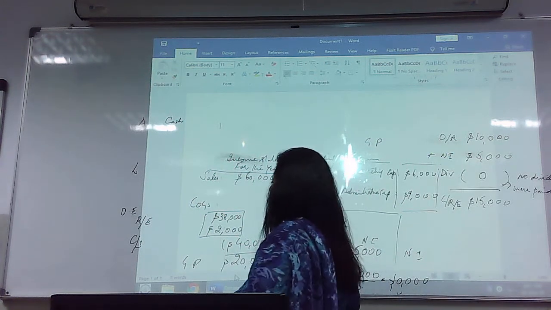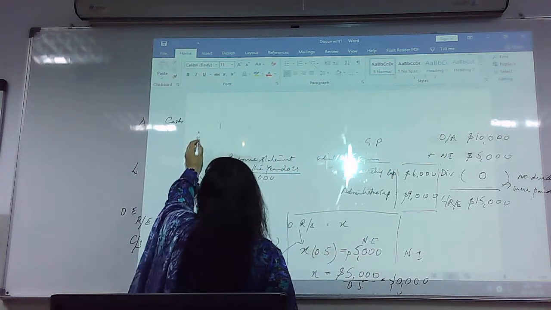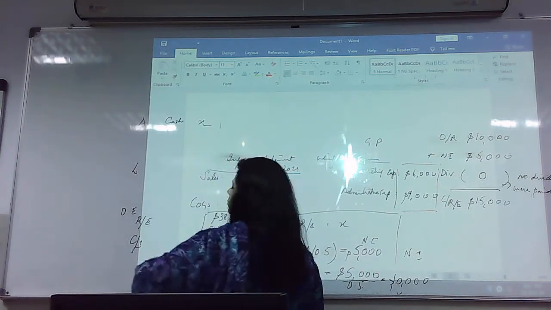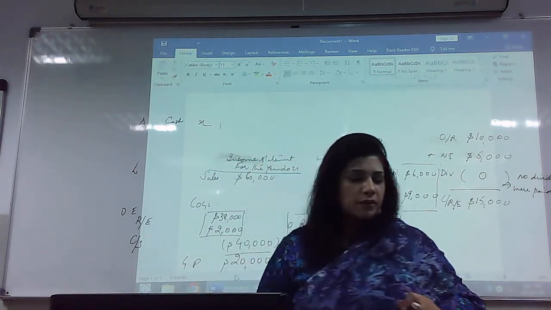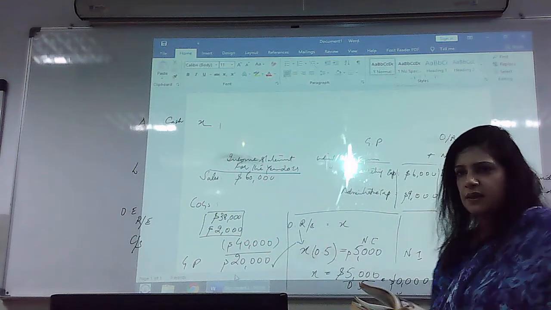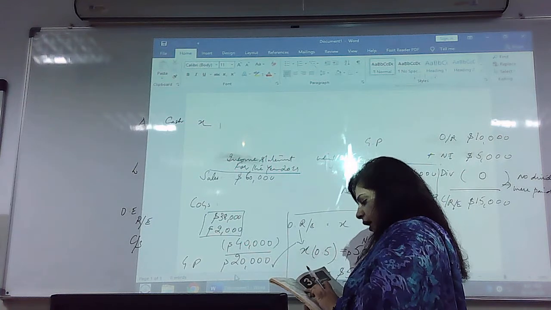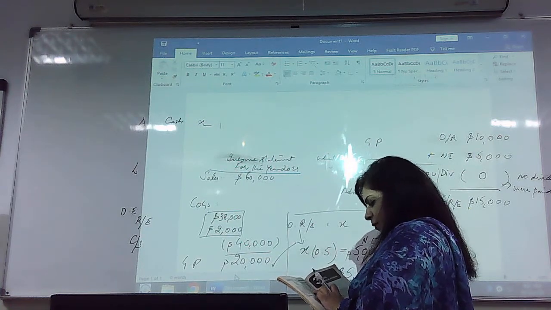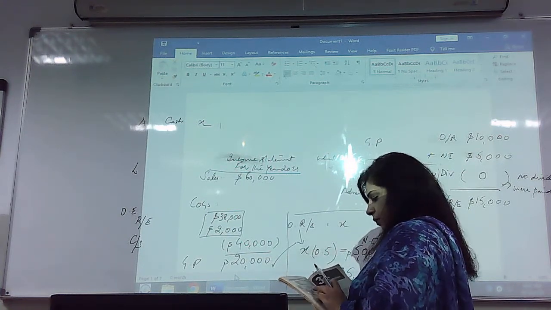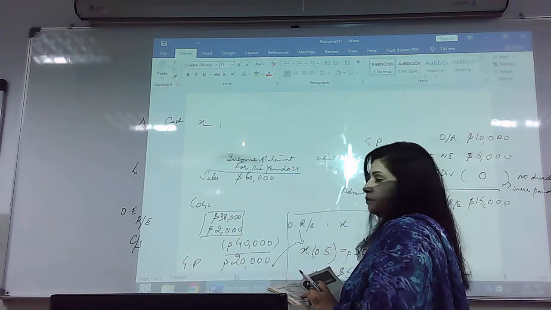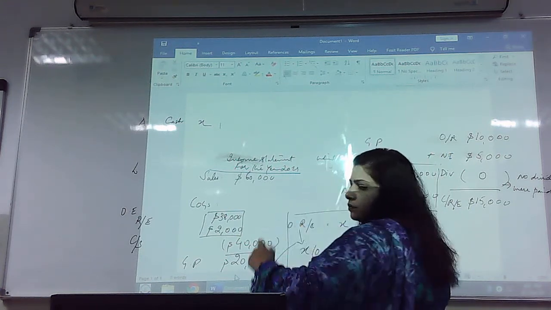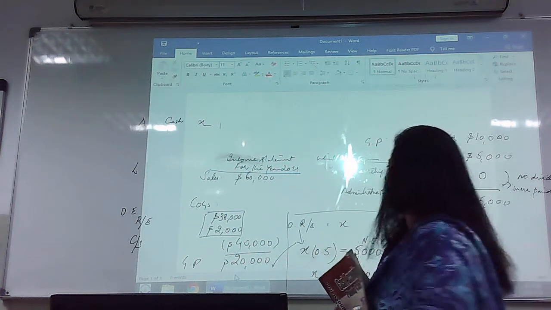Now assets, I don't know the value of cash. Again, it's an unknown. I can find out other things. They have given us some values. They have mentioned that accounts receivable, prepaid expenses, which are again assets, current liabilities and common stock were the same.